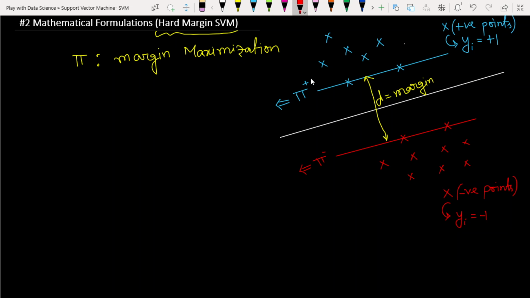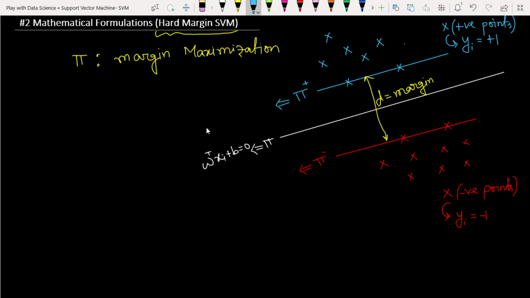In the geometric intuitions, if you remember, this is our pi plane, and we have taken the equation of the pi plane as w transpose xi plus b is equal to 0. And the equation of the pi plus plane, the plane which touches the positive points and is parallel to our original plane, is the first plane which touches our positive points.